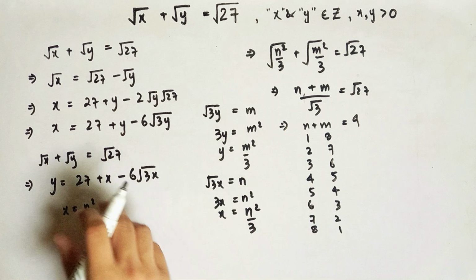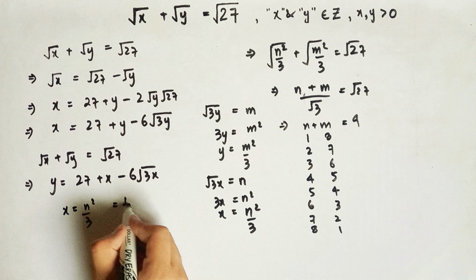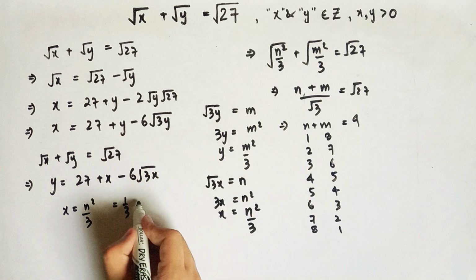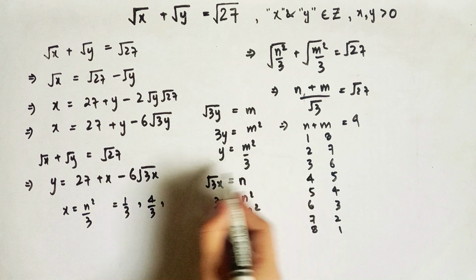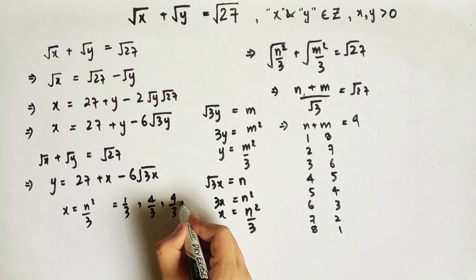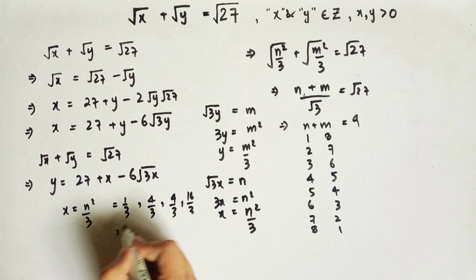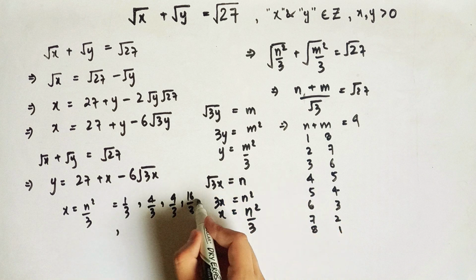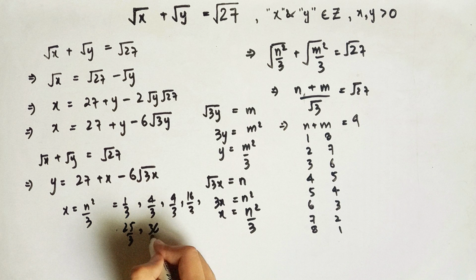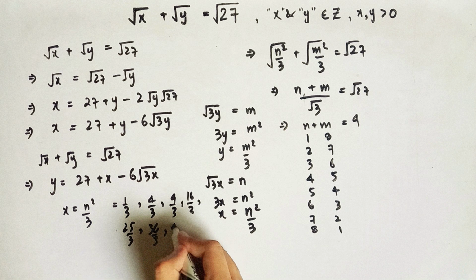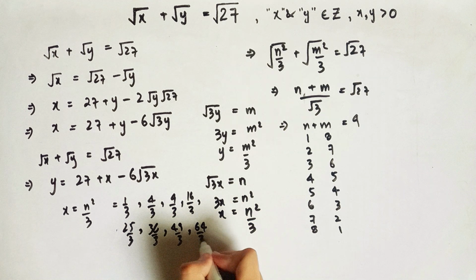Now putting these values in this equation, we have 1 over 3 and 4 over 3 and 9 over 3 and 16 over 3 and then 25 over 3 and 36 over 3 and then 49 over 3 and then 64 over 3.